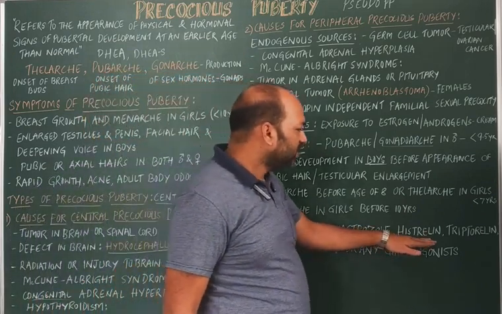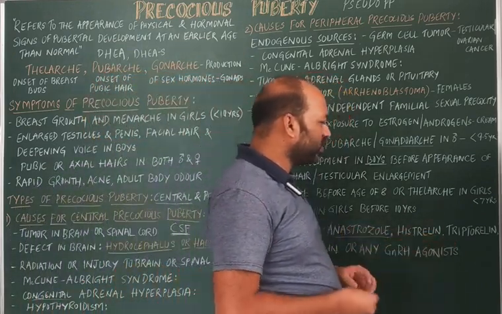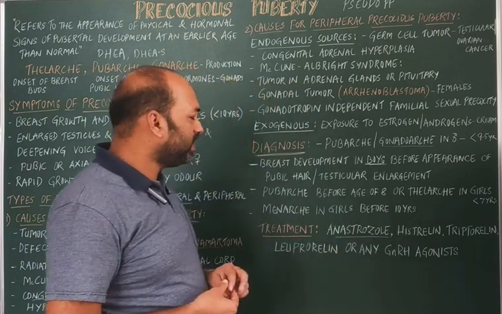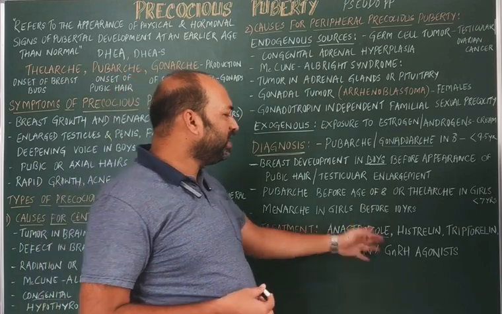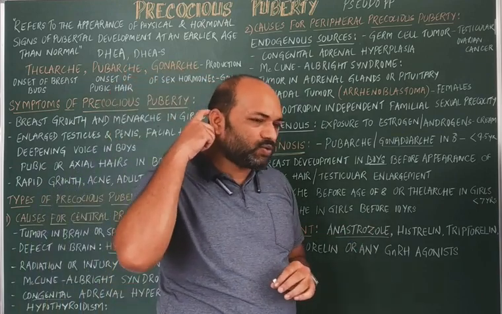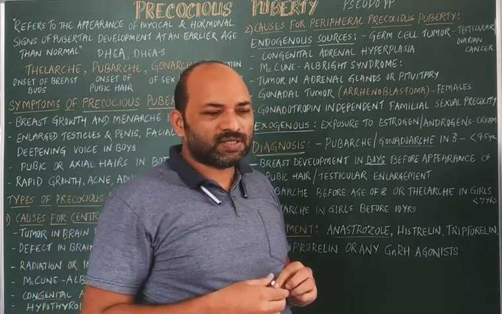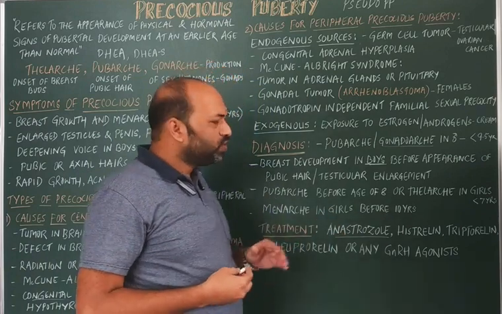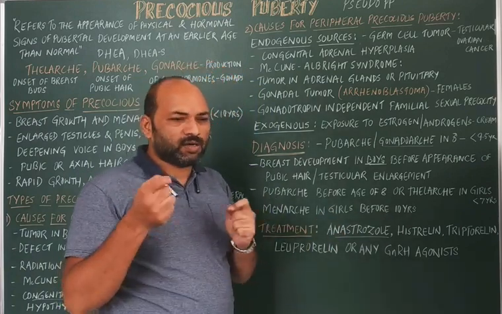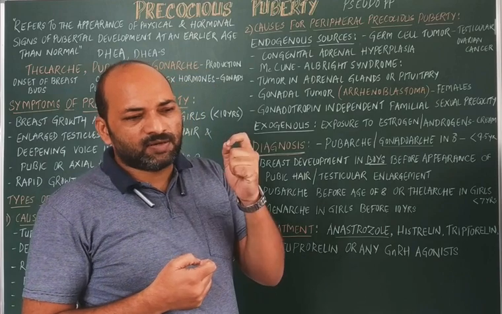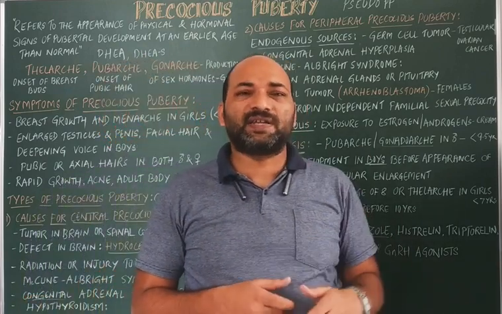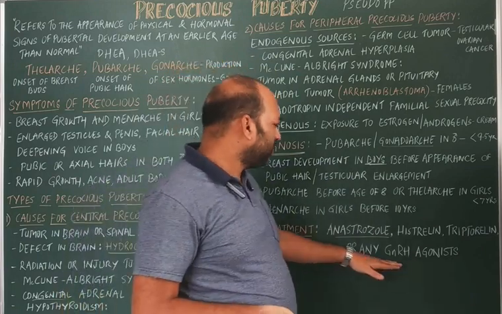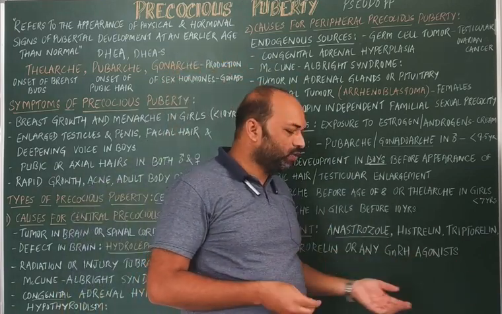Thereafter is histrelin, an injection, and thereafter triptorelin, leuprorelin, or any other gonadotropin releasing hormone agonist. These are all estrogen or testosterone suppressors. That is why I said GnRH agonist.